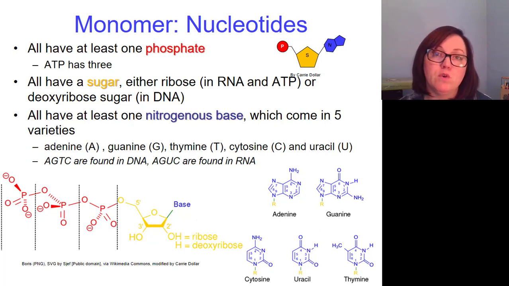In addition to the phosphate group and the sugar, all nucleotides also have a nitrogenous base. And the nitrogenous bases come in 5 different varieties. They're best known by the letters A, G, T, C, and U. On the right-hand side, bottom of the screen, we can see the 5 different structures representing our 5 different nitrogenous bases.